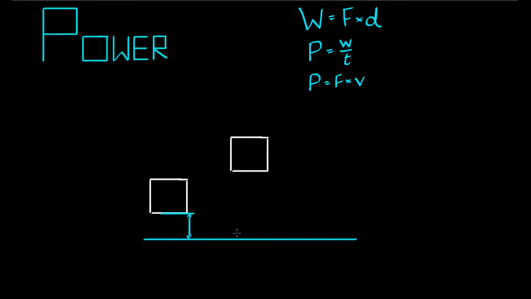We'll say that's the ground, 1 meter, 4 meters. And that fridge can have mass 90 kilograms, and the time taken to raise this fridge at a constant speed is equal to 8 seconds.